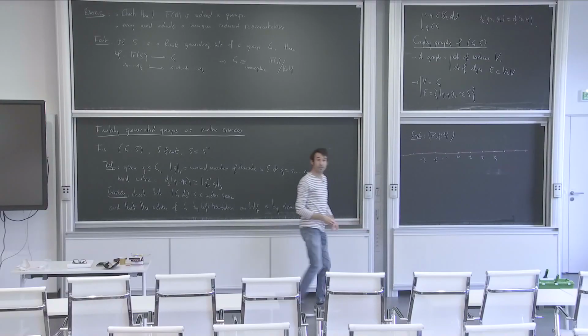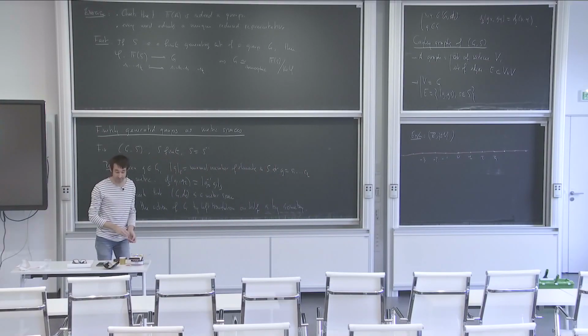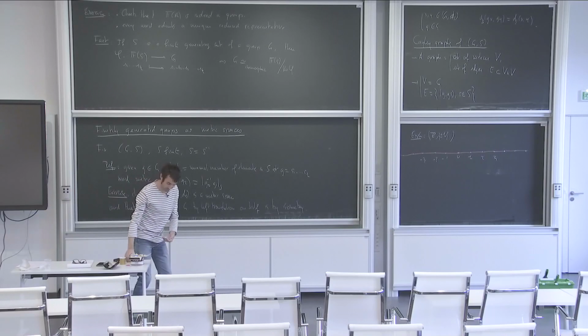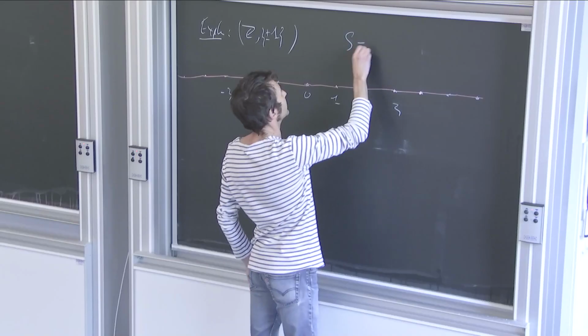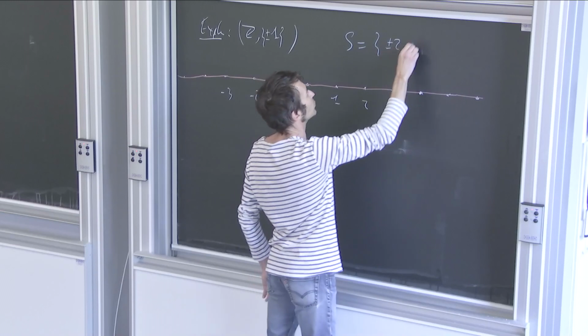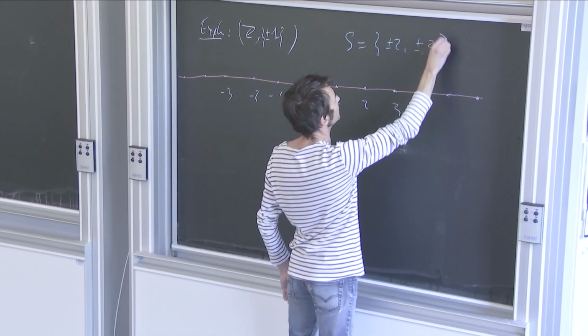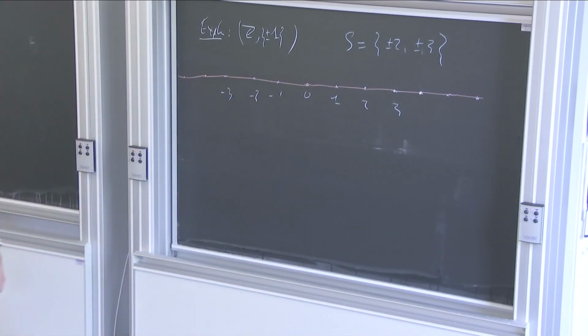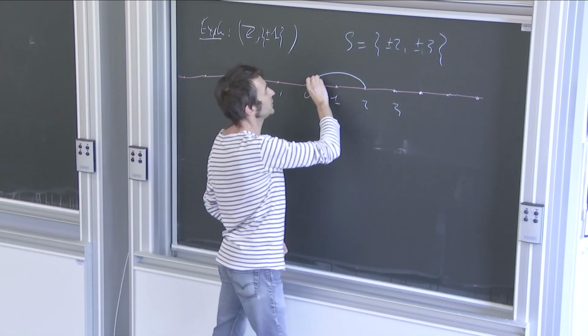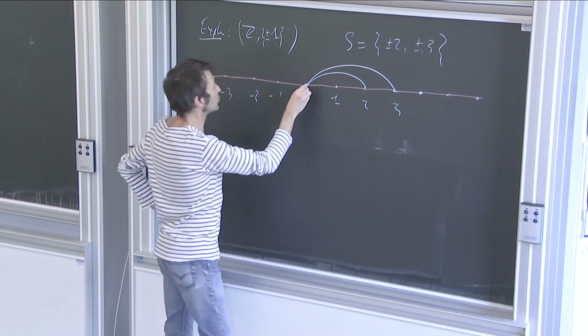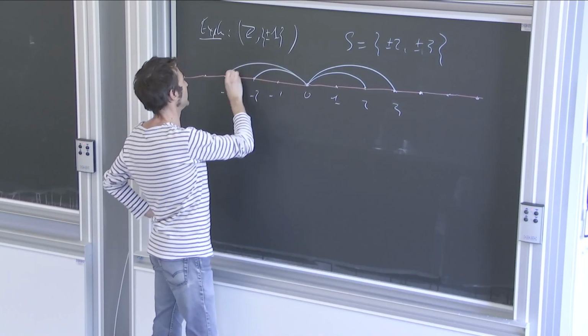Okay, but I could have taken another generating set. So for instance, I'll change colors for that. If I take S to be plus or minus 2, plus or minus 3, then from 0 I can go to 2 or to 3, and also to minus 2 and to minus 3.